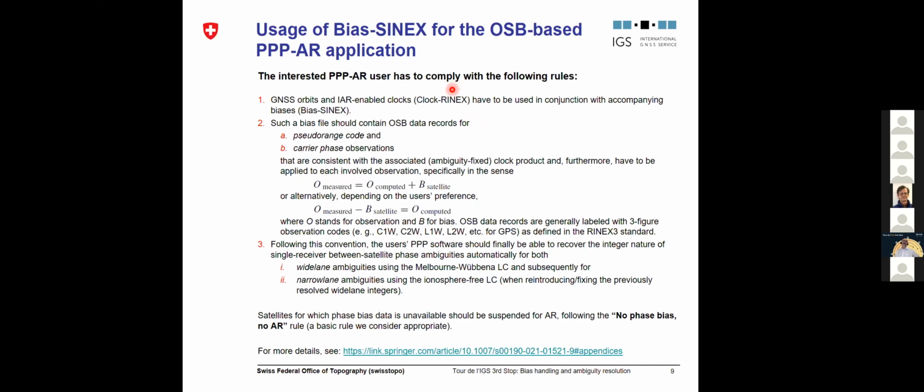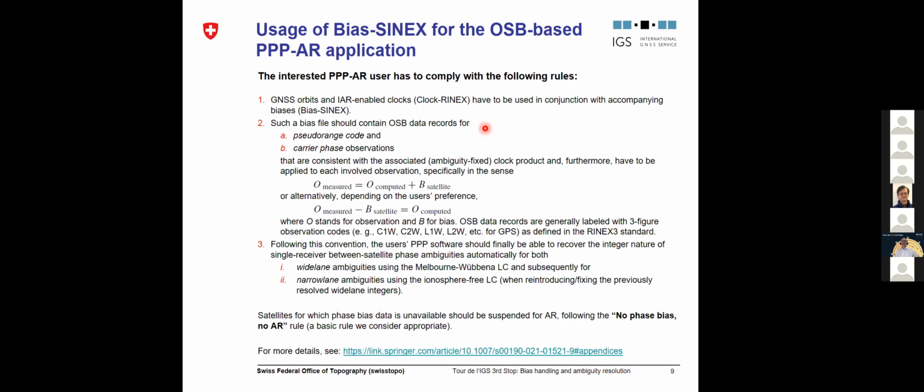He has to use consistent orbits, clocks in Clock RINEX, and the biases. The bias file should contain bias data records for code and phase observations. And they have to be consistent with the associated ambiguity-fixed clock products.